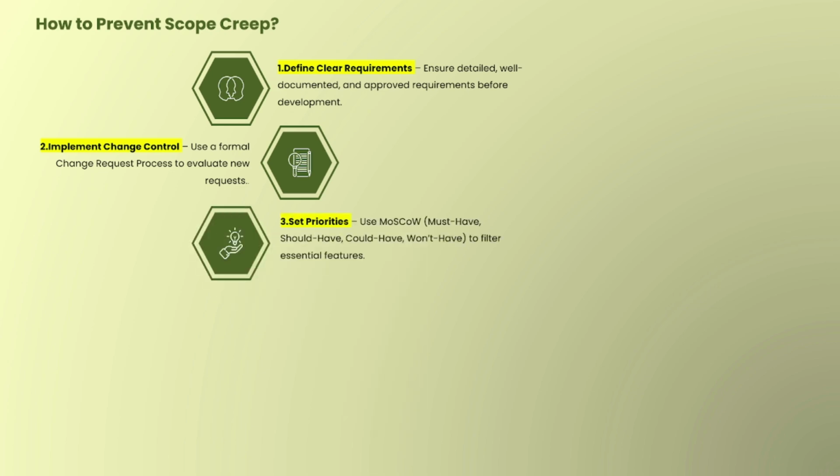Then next is set priorities. We have seen the requirement priorities, it is similar to that. While prioritizing requirements, use the MoSCoW method. There are various methods, I am just giving the example of the MoSCoW method to decide what really matters. This way we focus on the essential and don't waste time on nice to have stuff.